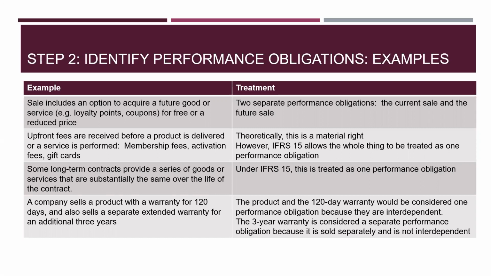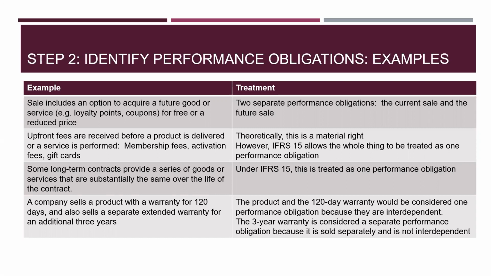In the second example, upfront fees are received before a product is delivered or the service is performed, such as your membership fees, activation fees, or your gift cards. In that case, under IFRS 15, the whole thing will be treated as a single performance obligation.